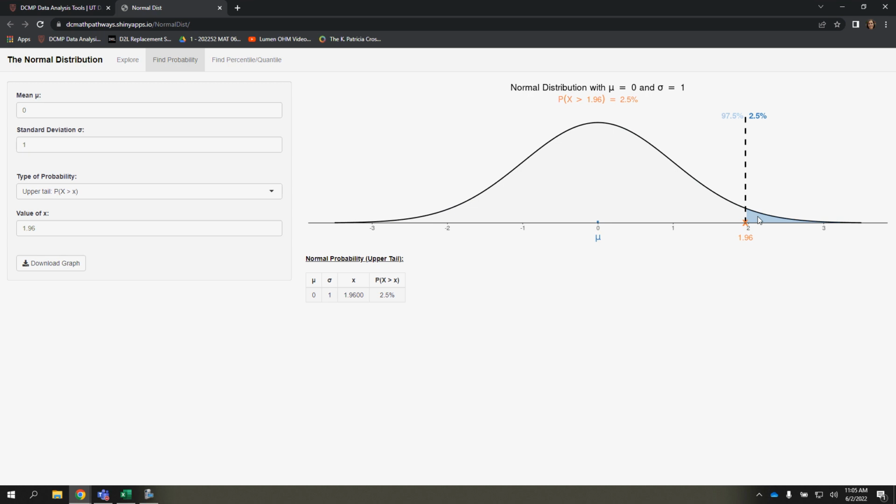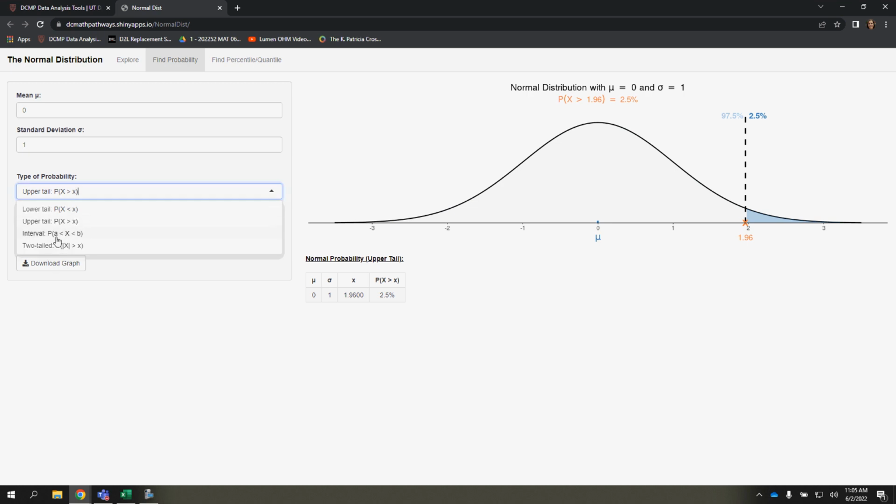One thing that we always have to remember is when you're dealing with continuous probability distributions, and the normal distribution is one of those, the probability is always going to be represented by the area under the curve. So if you know the area under the curve, the normal distribution in this case, that shaded region, that means you found the probability. So again, that shaded region should match what it is you're looking for.